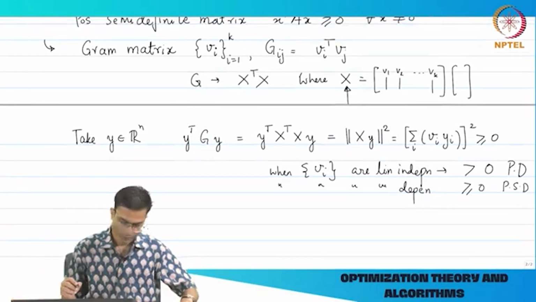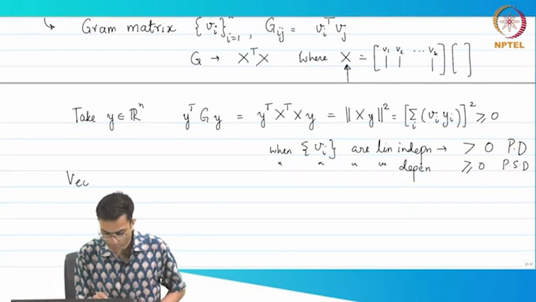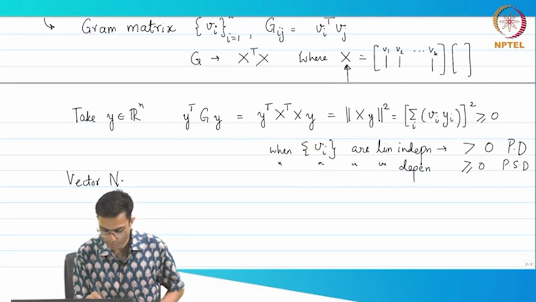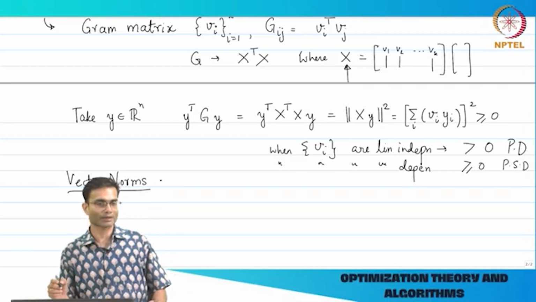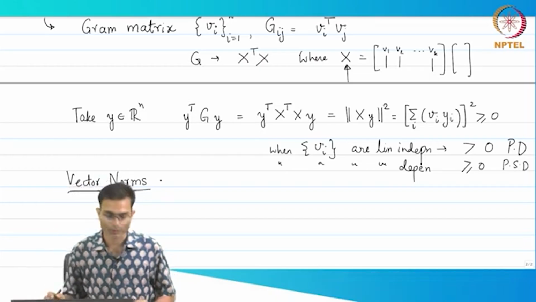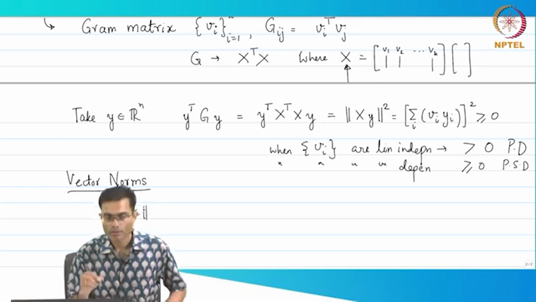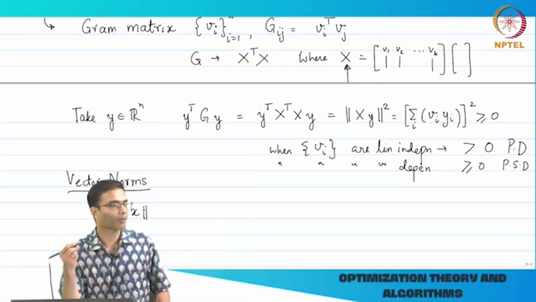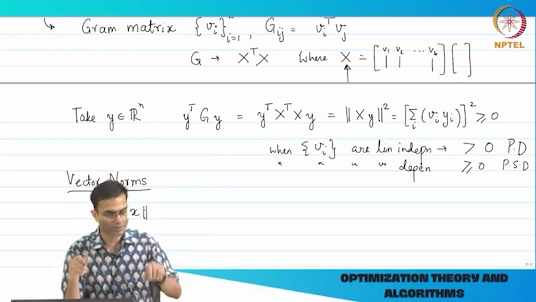Okay. Now we're going to define the next thing, which is vector norms. In fact, we already used the concept of a vector norm over here, right? But I'm going to give you a very general definition of a vector norm. Okay. So the first sign that we are talking about norms is the fact that I didn't put an absolute value sign because there are two double bars over there.